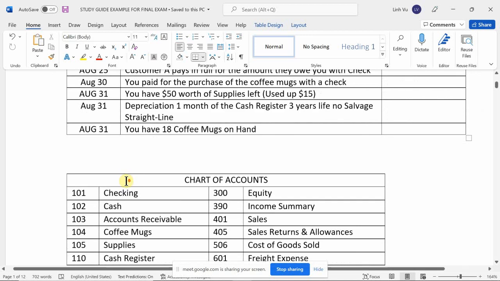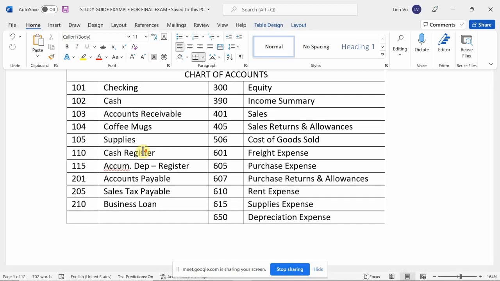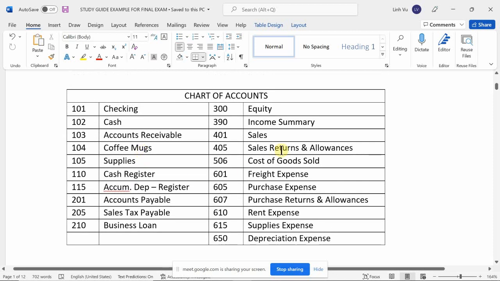So right off the bat, you borrowed money. Here we're using the business chart of accounts. I borrowed money, so that means I took a loan, right?